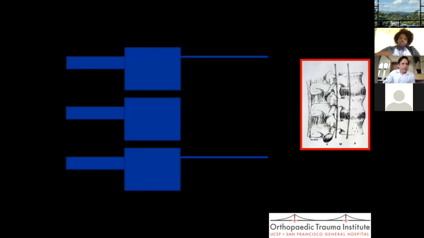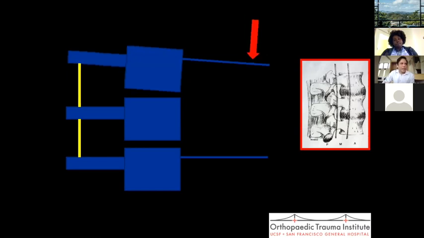If we think of these blue squares as our vertebral bodies, here is ventral and this is dorsal, and the PLC is the tension band posteriorly. Our center of gravity in the body is anterior to the vertebral body, so it's similar to the olecranon or anywhere else where we consider a tension band. It's an eccentrically loaded biomechanical structure. If both the vertebral body anteriorly and the tension band are intact, it's going to remain stable.